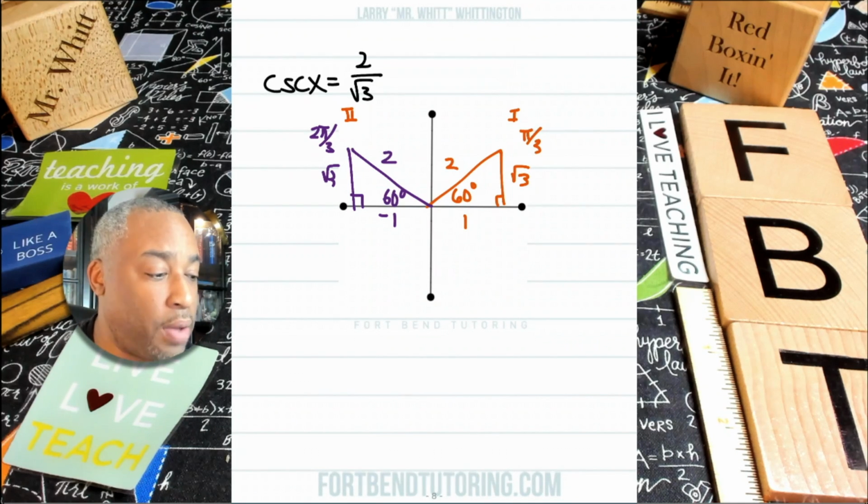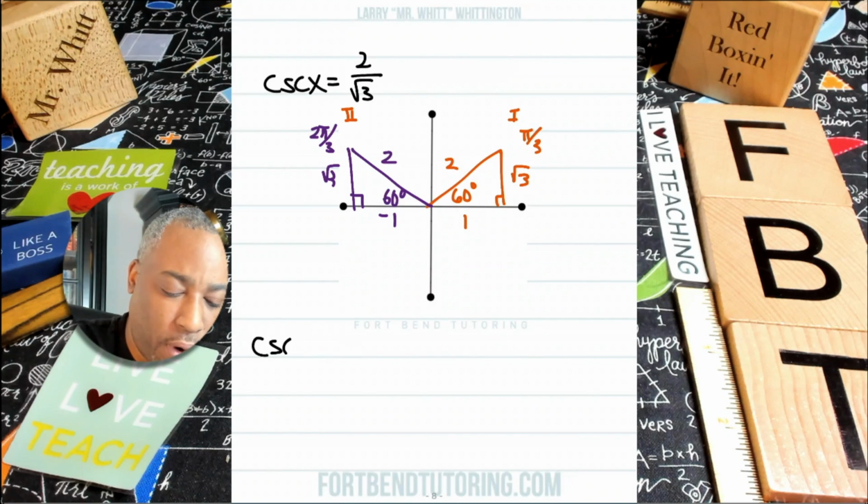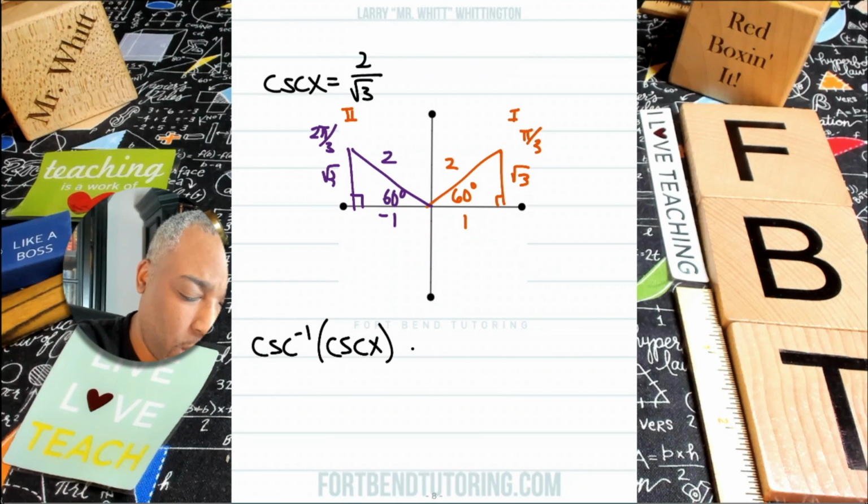Now that that is the case, we want to solve the equation algebraically. We can show that we have arc cosecant of cosecant x equals arc cosecant of 2 divided by the square root of 3.